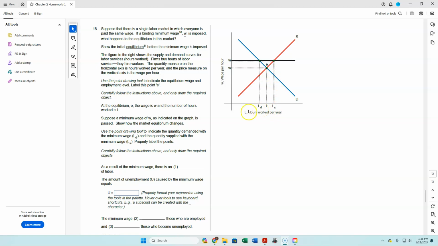And then the question becomes, who does the minimum wage help and harm? In this case, it's going to help those who are lucky enough to get one of these jobs that pays so well. And it's going to harm those who are unemployed because they'd be willing to accept less, except no one will hire them with that amount of less money.